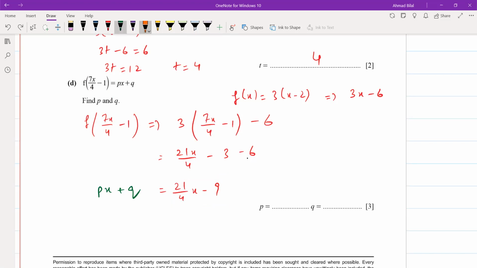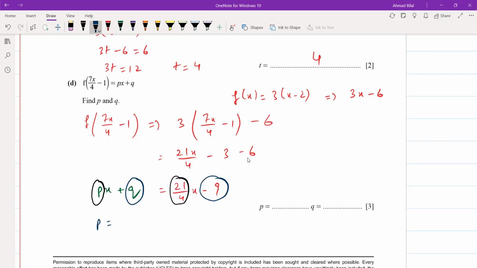इसका मतलब ये है जो आपके पास x का कोएफिशिएंट आ रहा है, that should be equal to p और जो आपके पास कांस्टेंट आ रहा है that is equal to q, right?